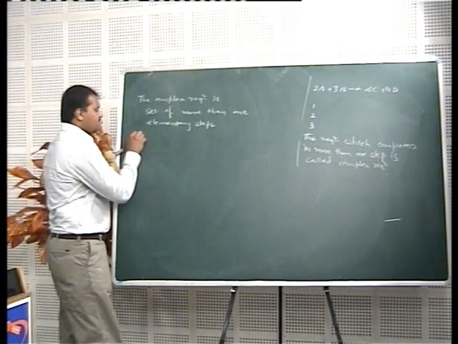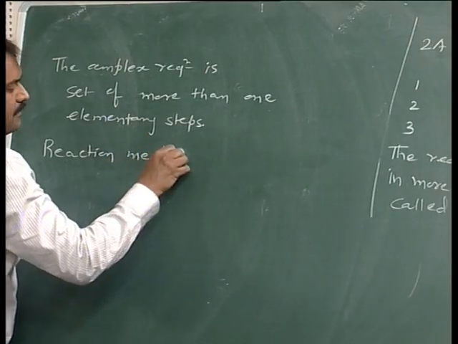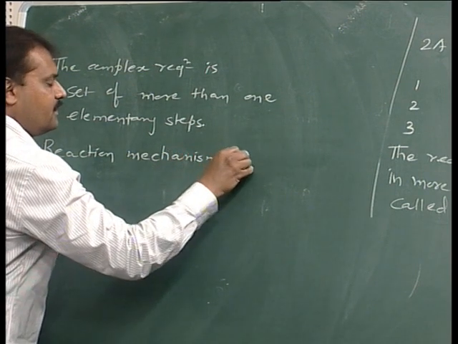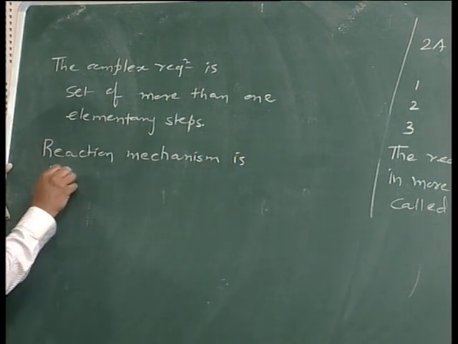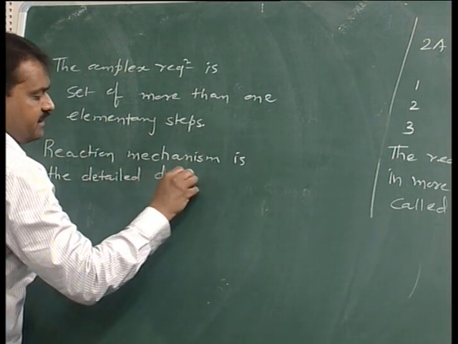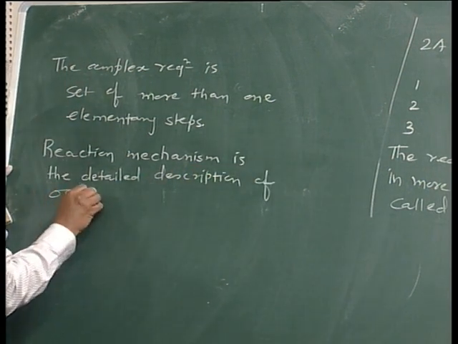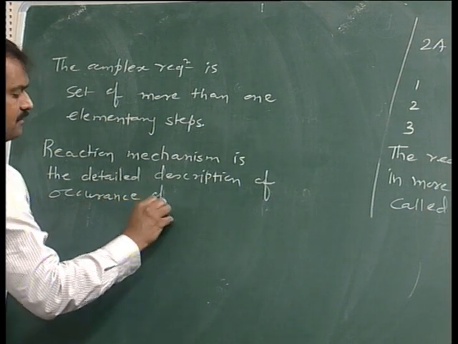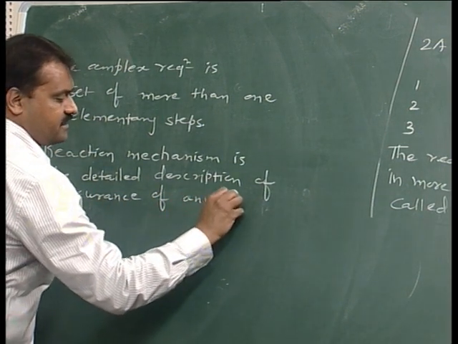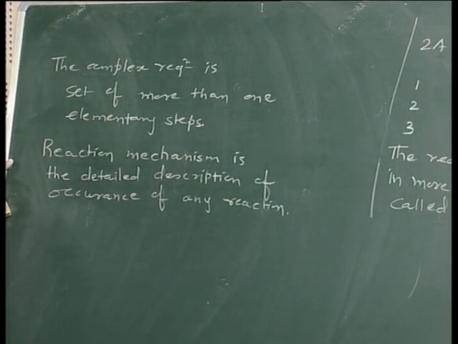So reaction mechanism is the detailed description of occurrence of any reaction. We can get the idea regarding the occurrence of reaction from its reaction mechanism.